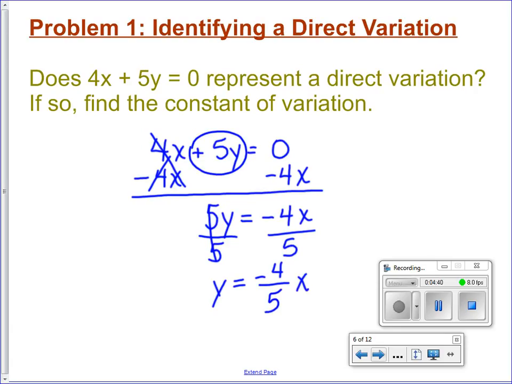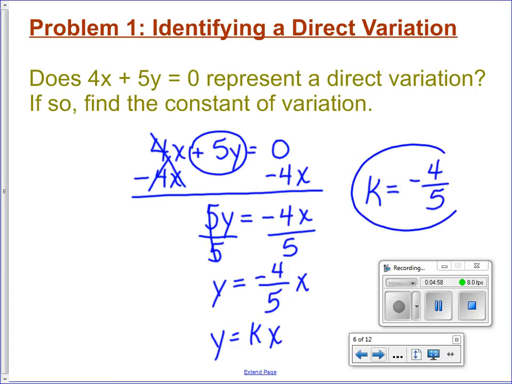This is in the form of y equals kx, and our k is the negative 4/5. So the constant of variation, k, is negative 4/5. And that would be the answer to the above question. And is it direct variation? Yes, it is, because it is in the form y equals kx.